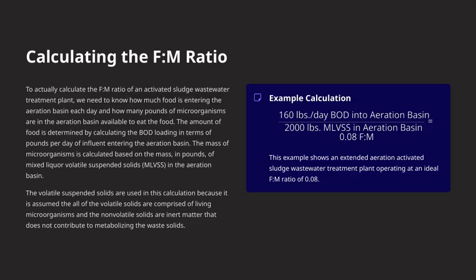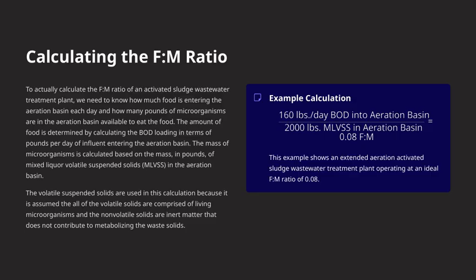Next, to find out how many microorganisms are present, we look at the mass of mixed liquor volatile suspended solids, or MLVSS, in the basin. This measurement gives us an estimate of the microbial biomass because it's based on the volatile solids, which are assumed to be entirely made up of living microorganisms. It's important to note that when we use volatile suspended solids in this calculation, we're assuming all of those volatile solids are living microbes.